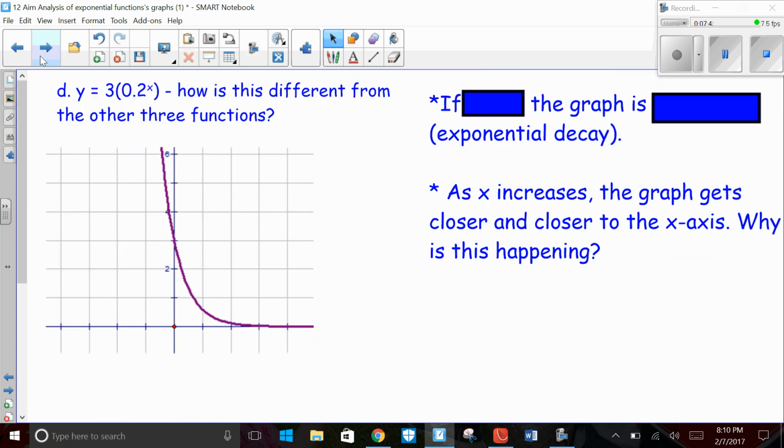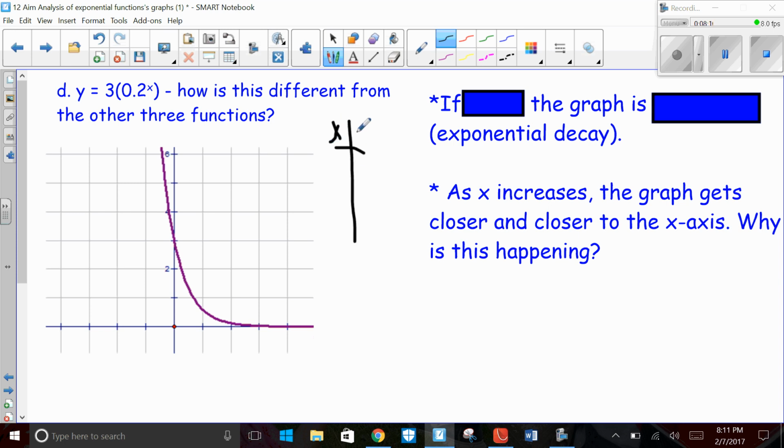Now let's look at an example where the base is a number between 0 and 1, such as 0.2. So if you keep multiplying by 0.2, you're really decreasing the quantity, right? So if you just look at a couple of values just to get the idea of what's happening. Let's look at x and y.